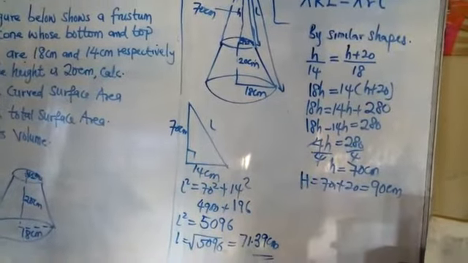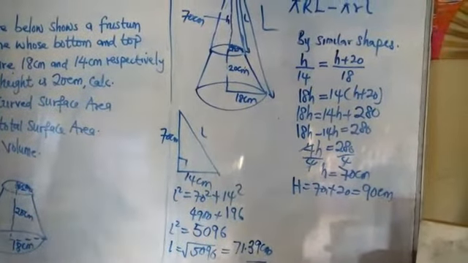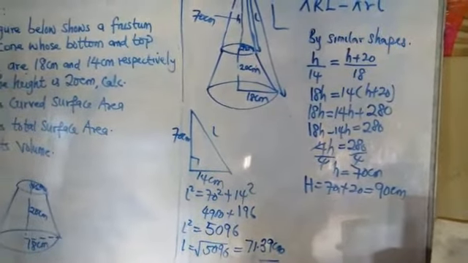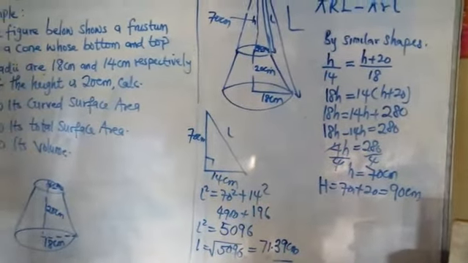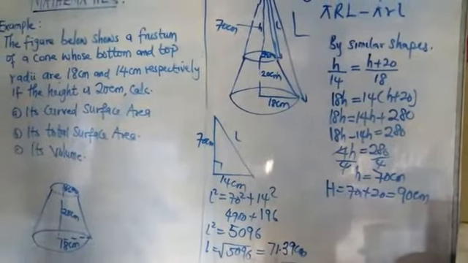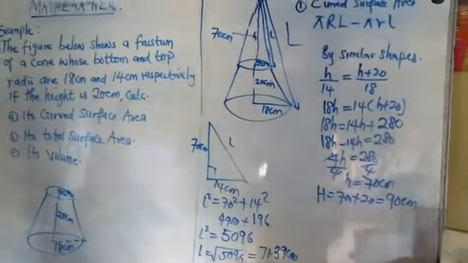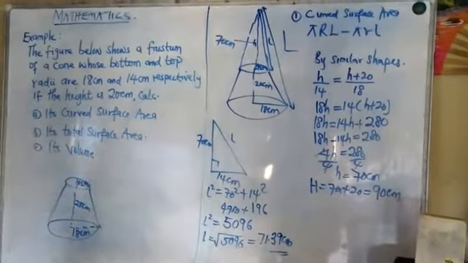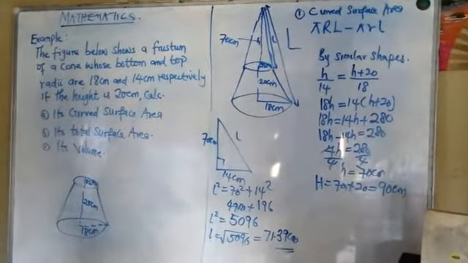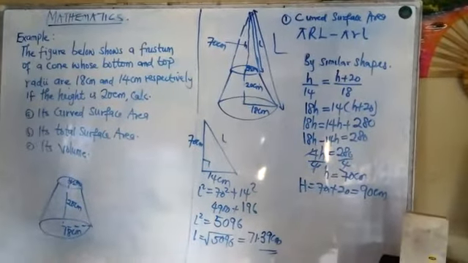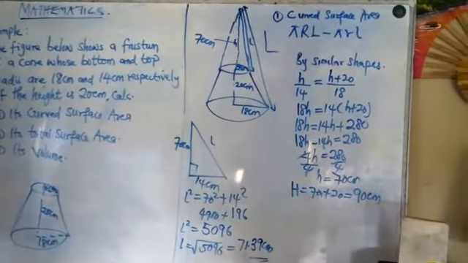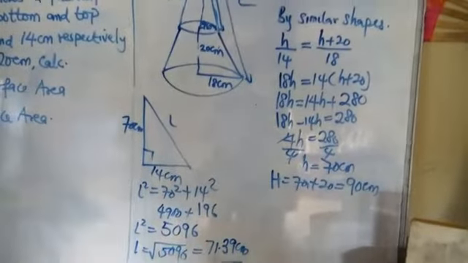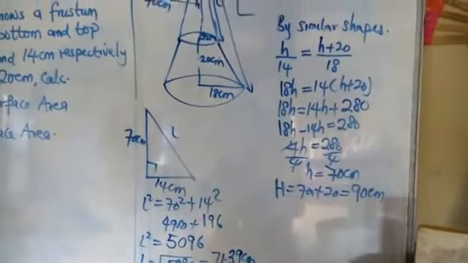By the time we added up, we got 90 as big H. To get the small l, we use Pythagoras theorem: 70 here, then 14 cm at the base, and l becomes the hypotenuse. Applying Pythagoras theorem, l squared is 70 squared plus 14 squared, and by the time you resolve that, you have 71.39 centimeters.